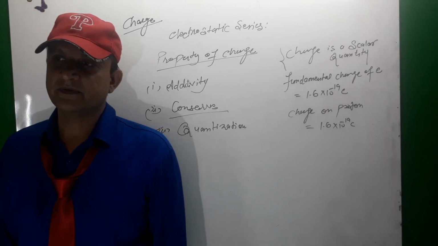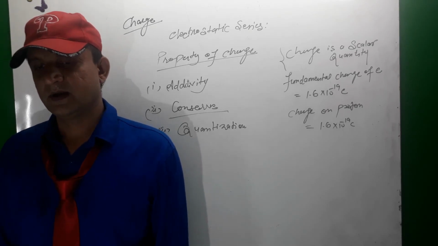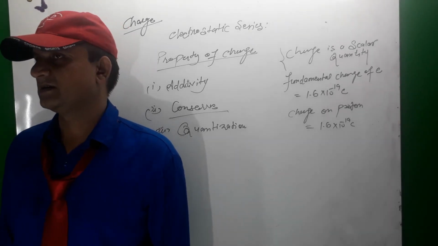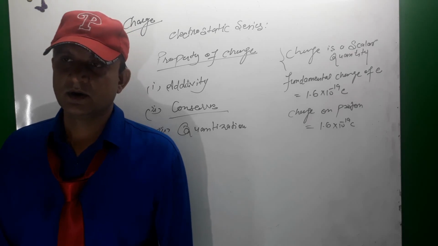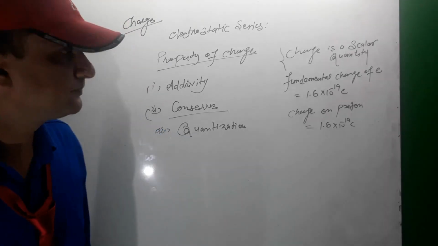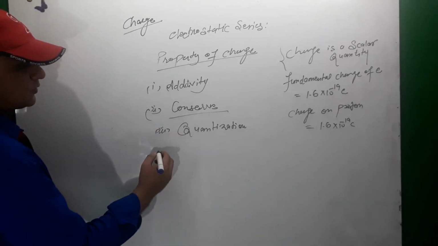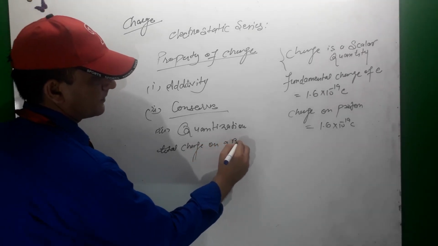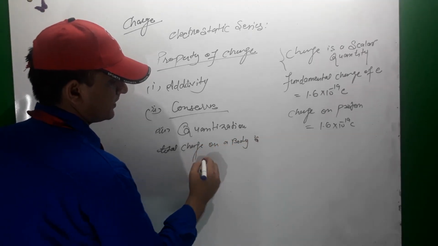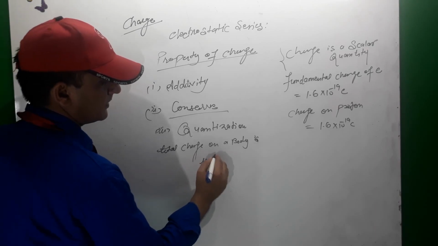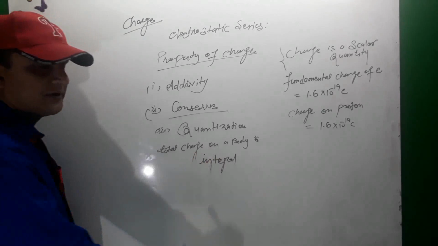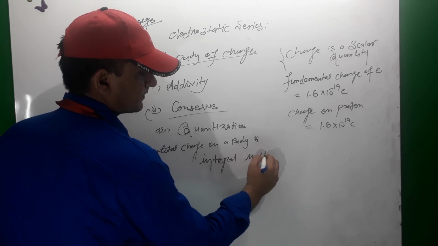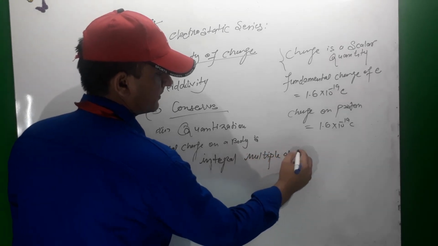If there is a total charge on a body, that charge is always an integral multiple of one charge. Integral means integer. Total charge on a body is an integral multiple of charge.